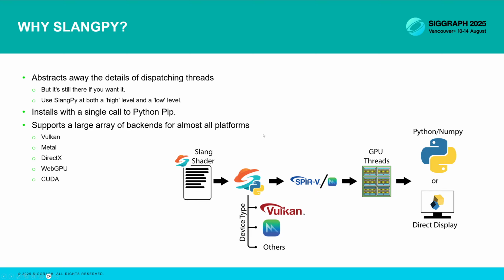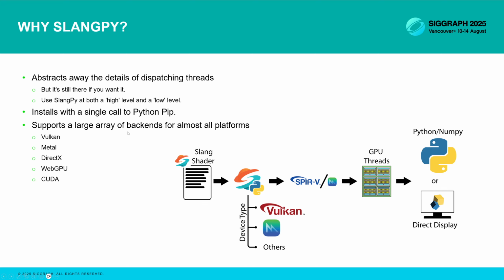SlangPy does allow you to do that, but it can also abstract it away if your problem is simple or not performance critical. And to be fair, even for some performance critical problems, SlangPy does a fantastic job of working out the best way to dispatch.